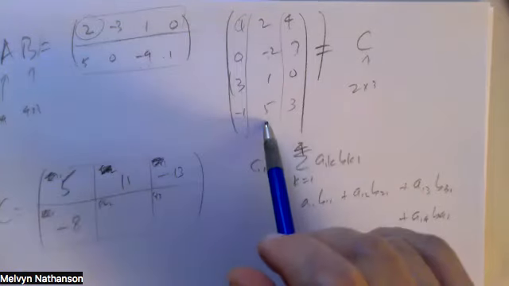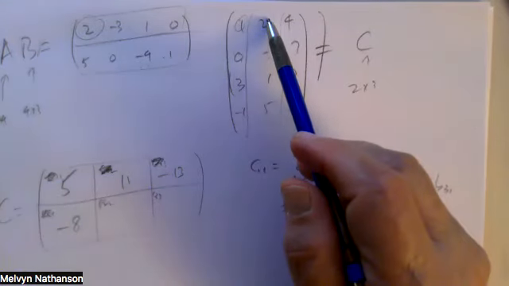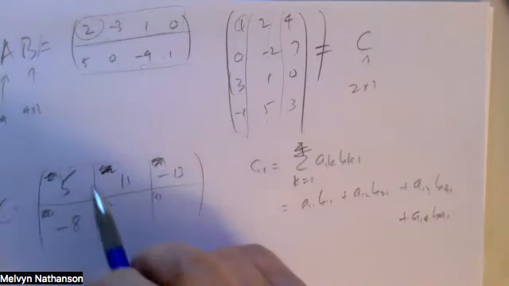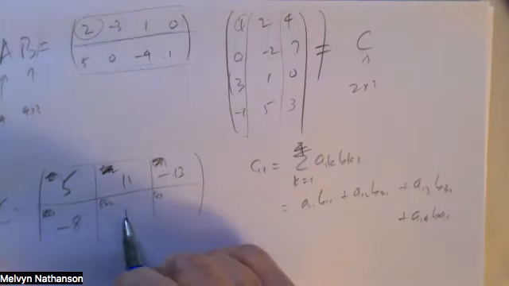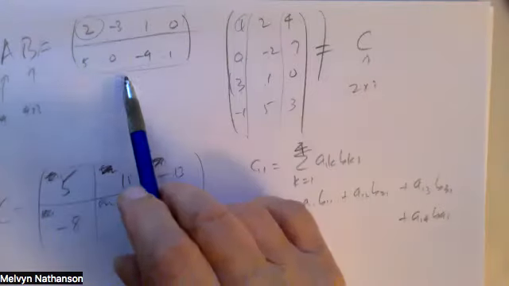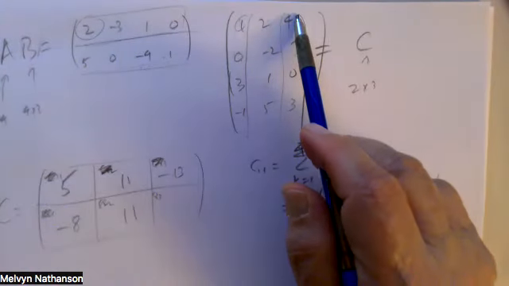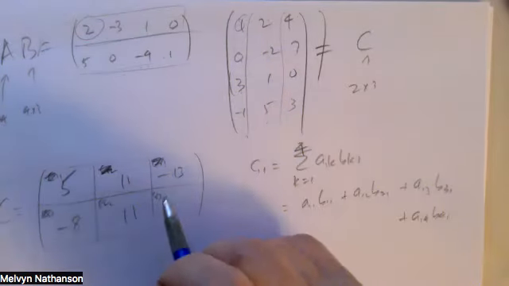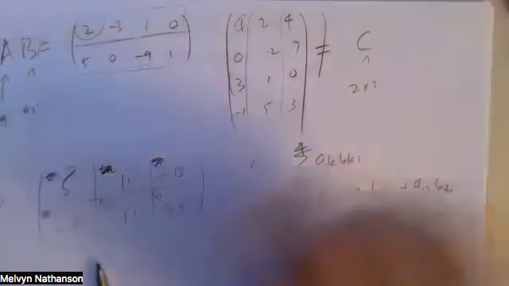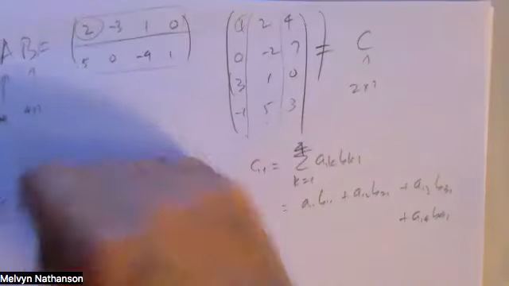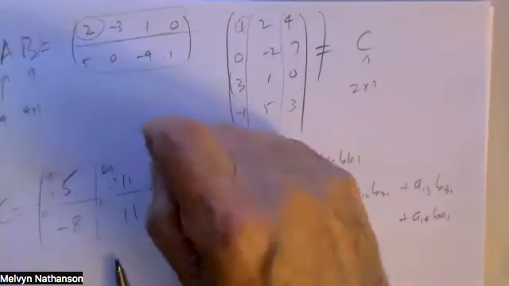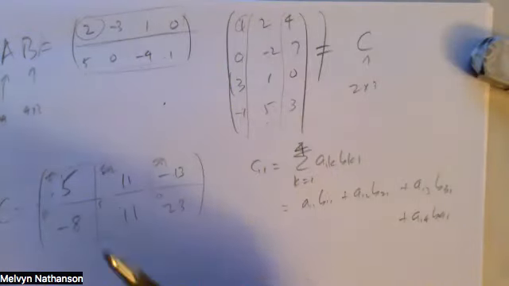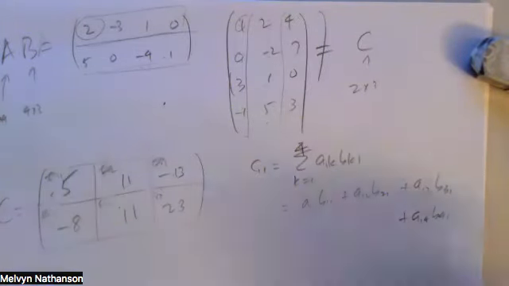Second row, second column, 10 minus 4 is 6, plus 5 is 11. Second row, third column, 20, 0, 0, 3, 23. So this is the product of those two matrices.